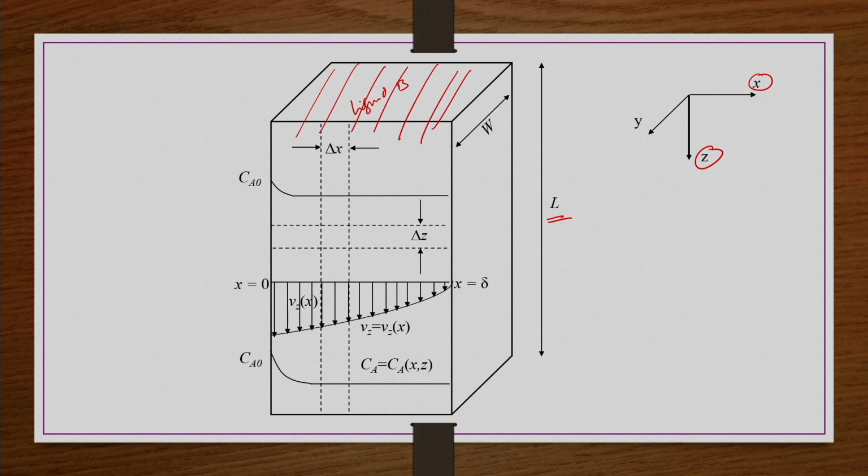And now into this film the diffusion of gas component A is taking place. So how do you visualize this? Z equals 0 is the top location of the column, z equals L is the bottom location of the column. Now on the left hand side x equals 0 we are taking, on the right hand side x equals delta we are taking. It is shown here in a 2D diagram.